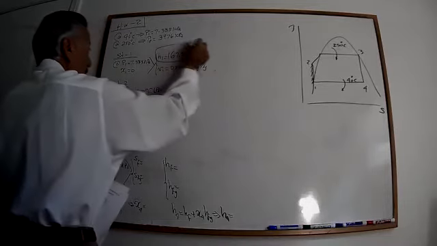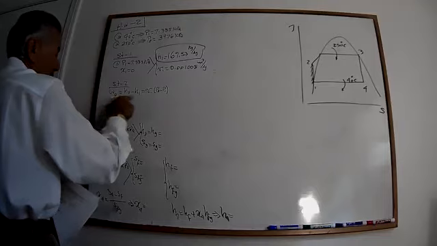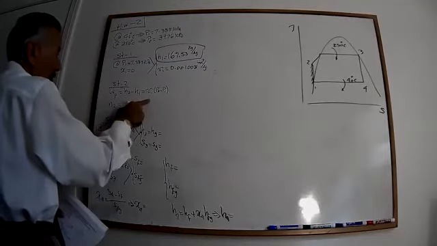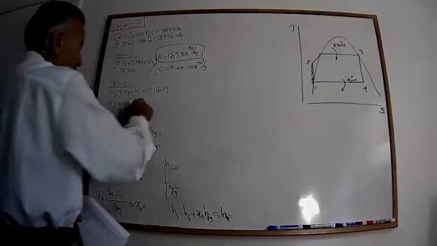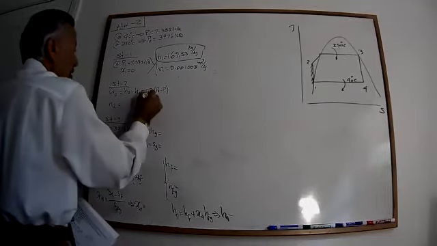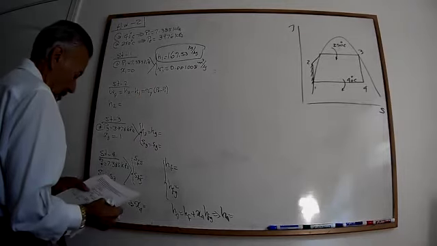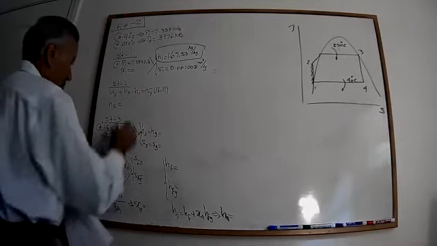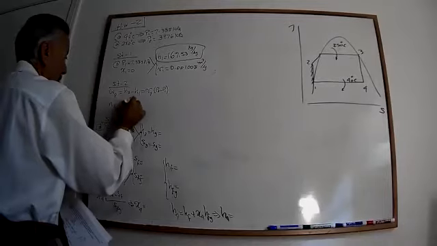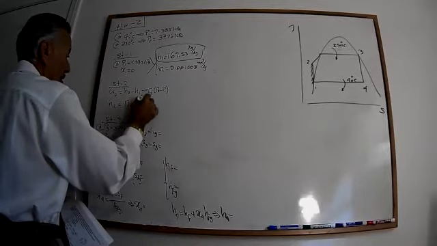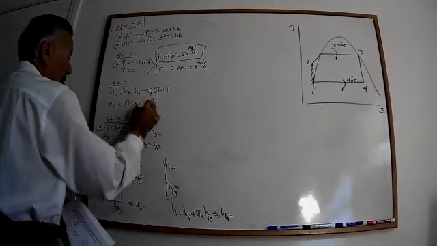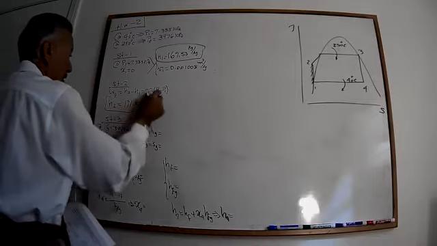That would be the first edge. Going through the work of a pump, which is H2 minus H1, same as volume times delta P. Once you plug the number in, you find the value of H2 to be 171.54 kilojoule per kilogram. That's the second edge.